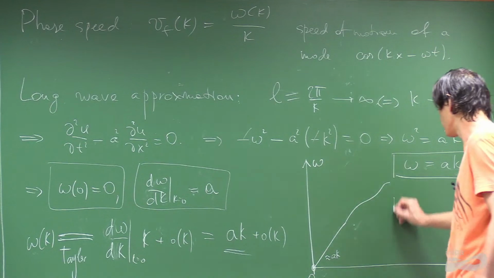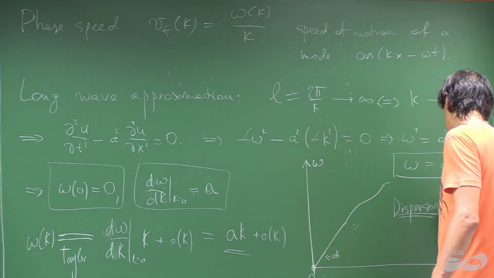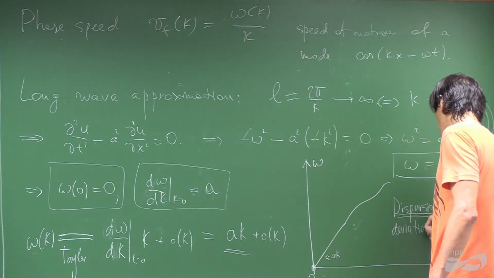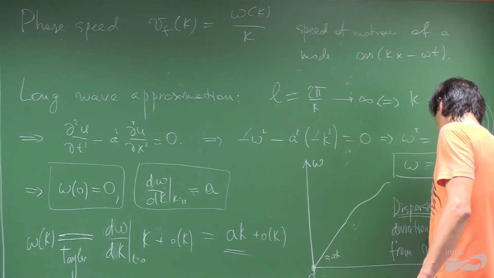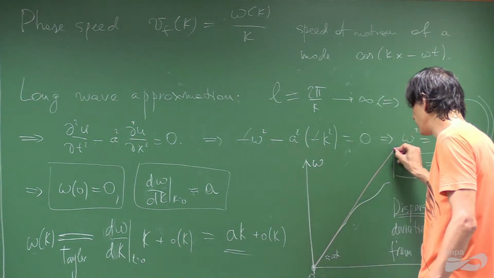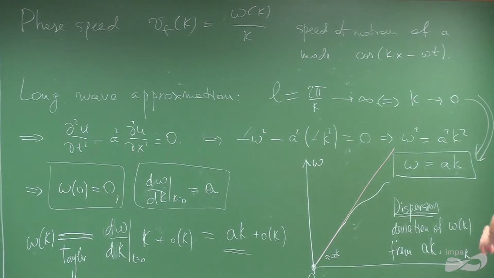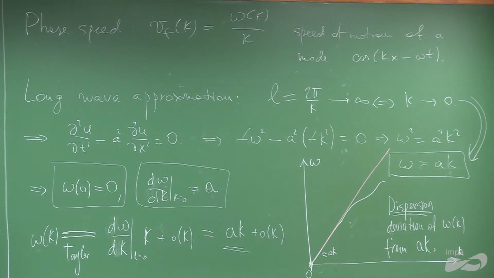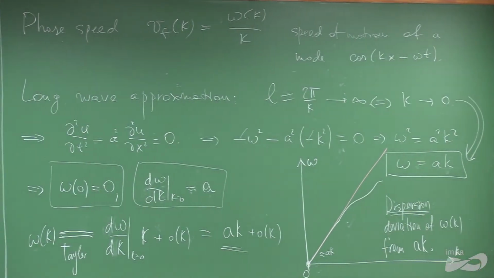So essentially, the effect of dispersion is the deviation of the dispersion relation from the linear form. If in the exact wave equation we have a linear relation, and the dependence is nonlinear, this means we say that there is dispersion in the system, right? So that's the idea. Now let's see what dispersion gives at all.